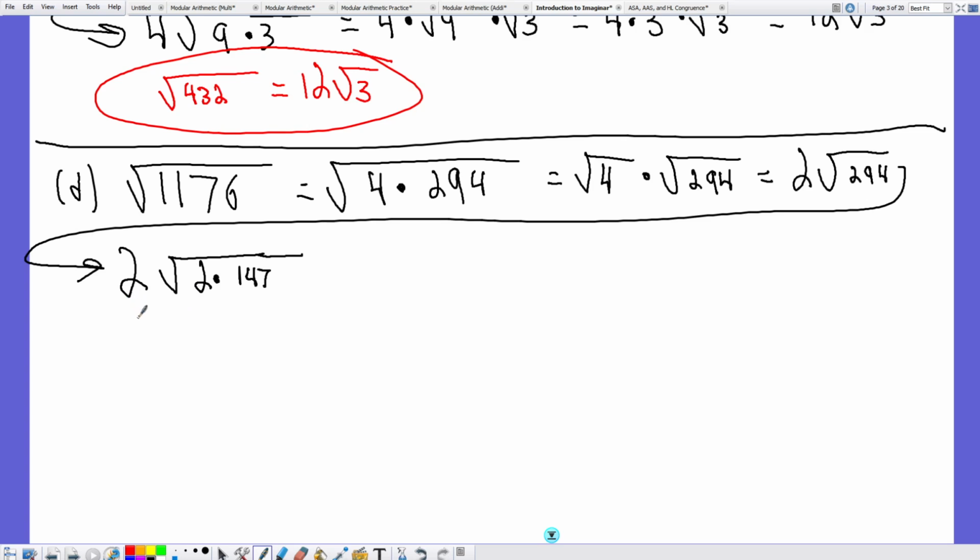And notice that we don't have anything we could simplify from there. But 147 might have some factors. So let's think about that. We can split this as 2 times the square root of 2 times the square root of 147. Now we can't break this down any further yet. But let's see what we can work with the 147.